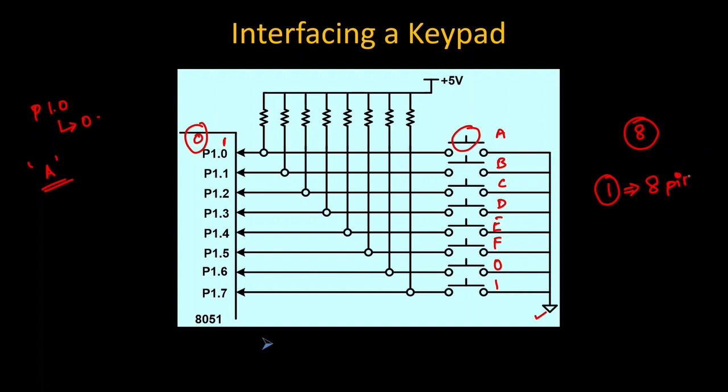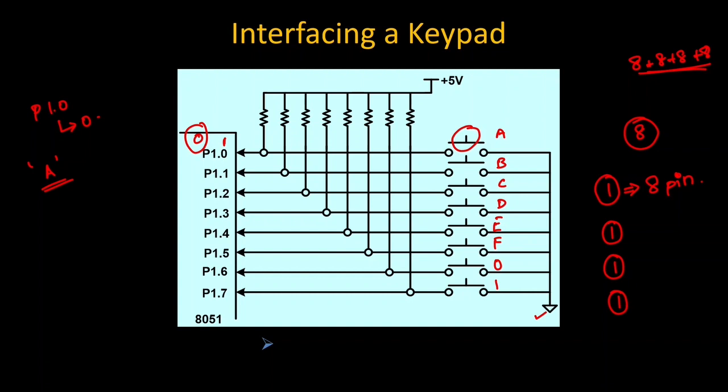If I connect 8 more keys, I am going to waste one more port. So if it is 8 plus 8 plus 8 plus 8, with this many keys, all the ports of your 8051 are completely wasted just to interface the keys.